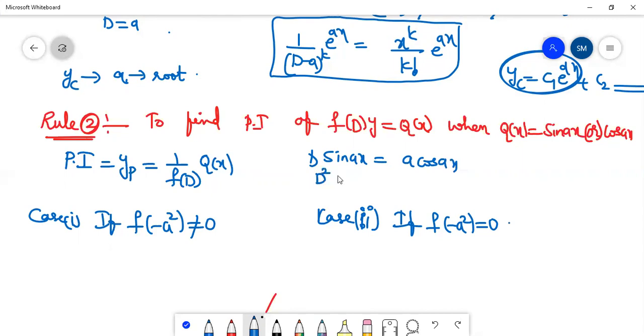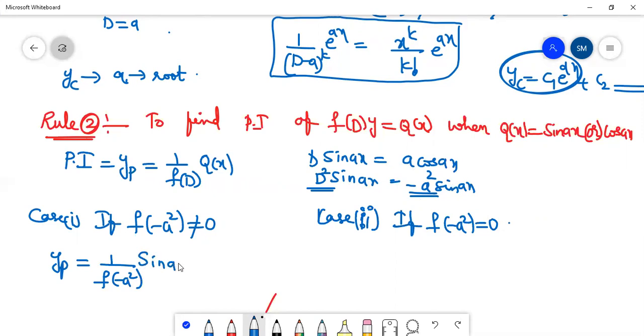Again the derivative, that is D square of sine ax, equals minus a square sine ax. So in the place of D square we can write minus a square, then we get the yp when it is not equal to 0. So yp is equal to 1 by f of minus a square into sine ax or cos ax. For sine, sine will come. For cos, cos will come only.